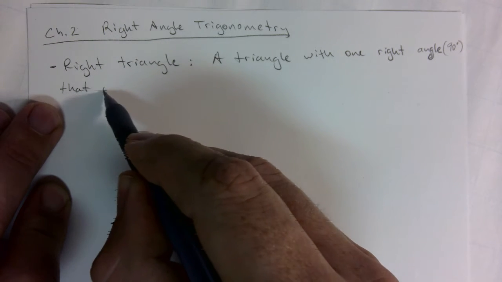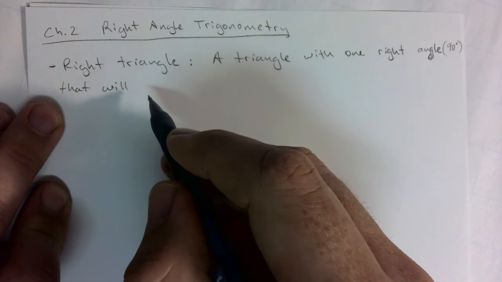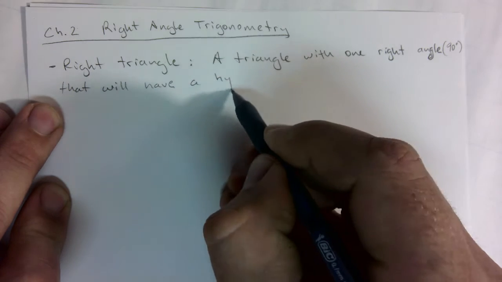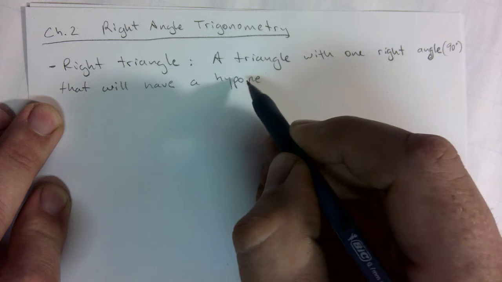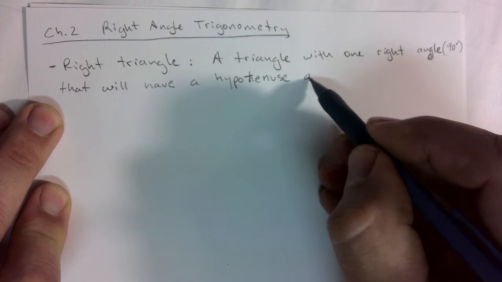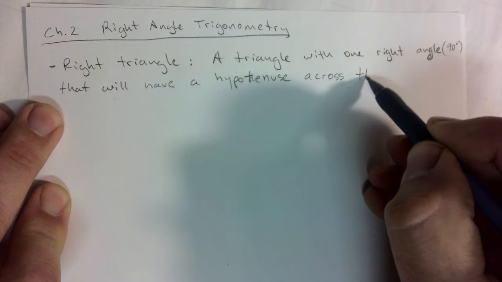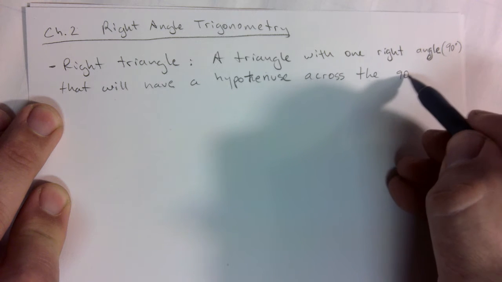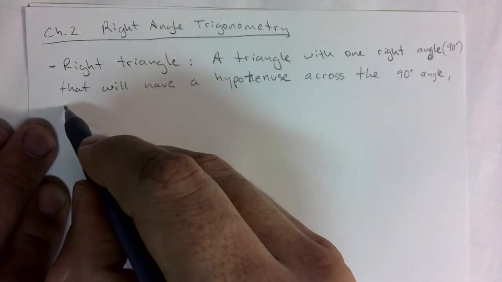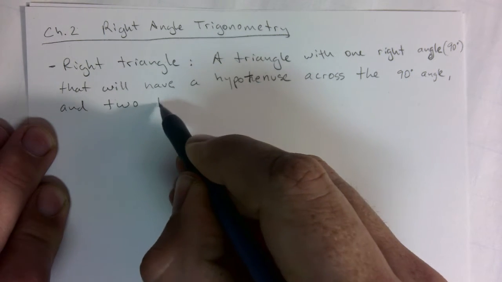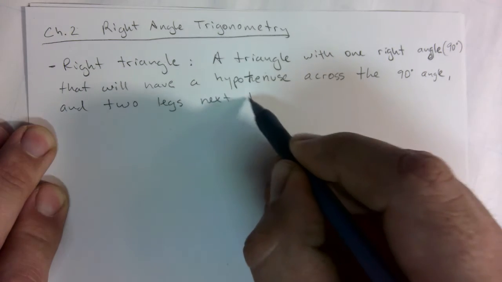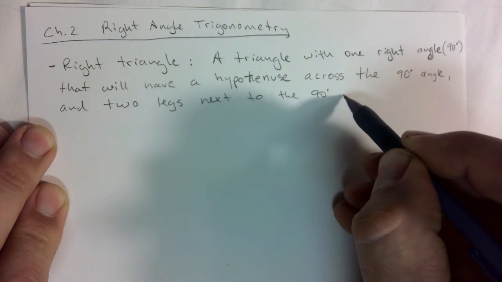That will have a hypotenuse. That word should ring a bell. Hypotenuse across the 90-degree angle, and two legs next to the 90-degree angle.